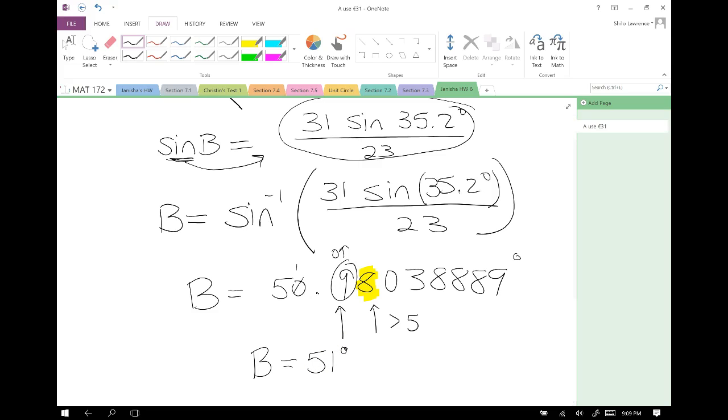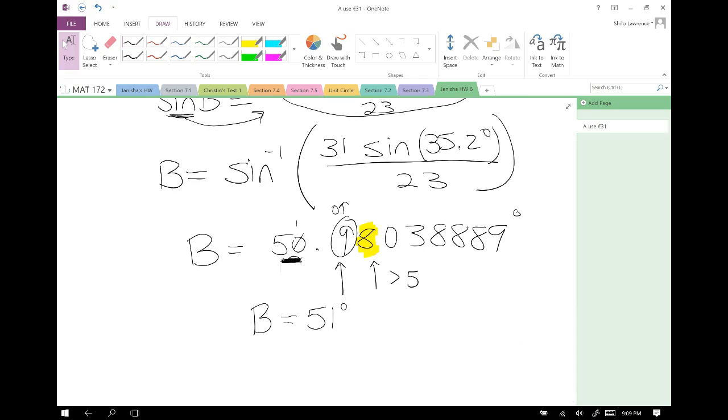Now, some of these problems could potentially have two answers, and we need to check if this is the case. It could have two answers if this is just the reference angle. If this is the reference angle, that means B is technically an angle between 90 and 180, and we need to subtract this number from 180 to get the answer.